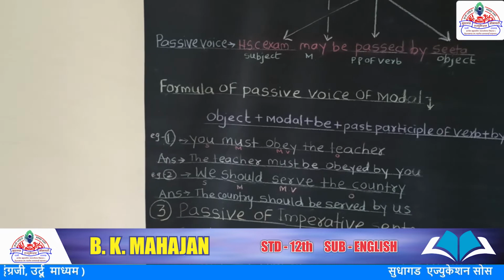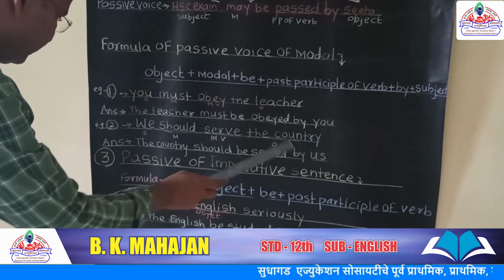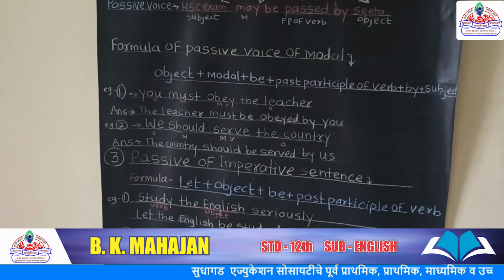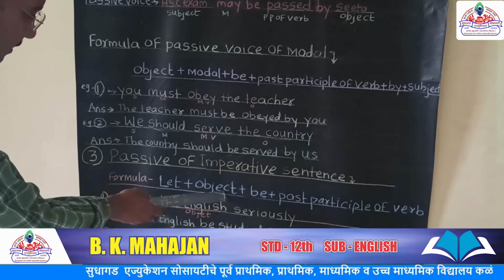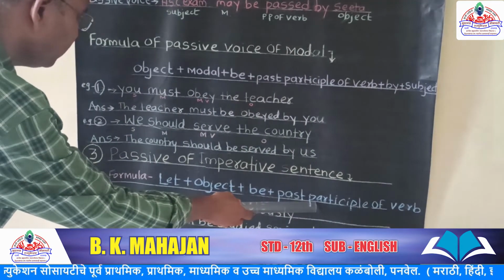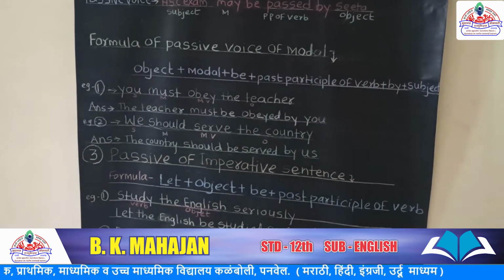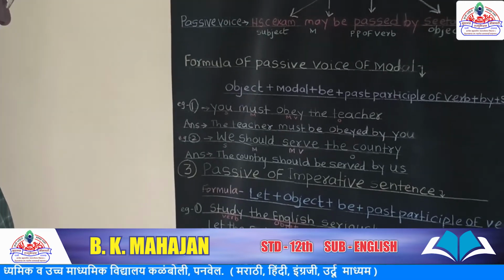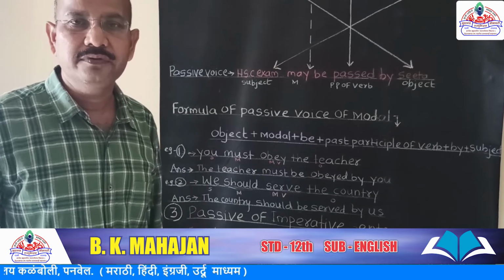Let us now study the passive voice of imperative sentences. Formula of imperative sentence is let plus object plus be plus past participle of verb. But before learning it, we should know the meaning of imperative sentence.